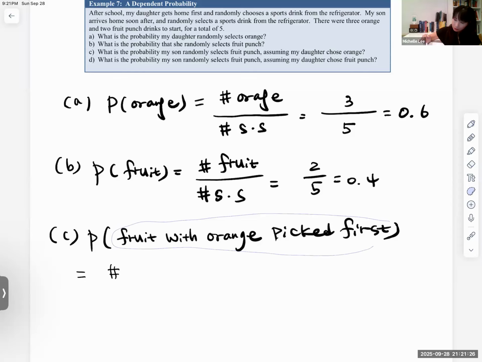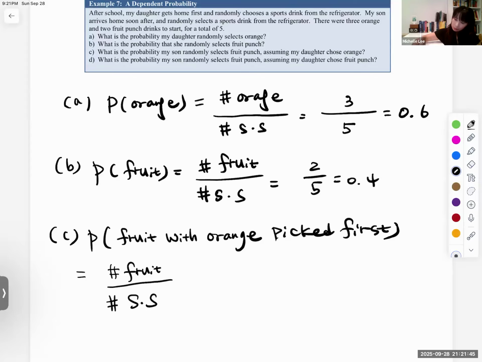Because with the orange picked first does not matter, right? Yeah. So how about the number of fruits? Divide by number of sample space. In that case, we need without orange, right?